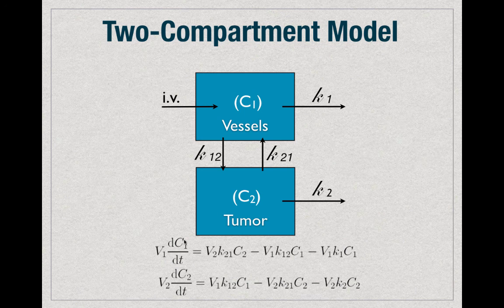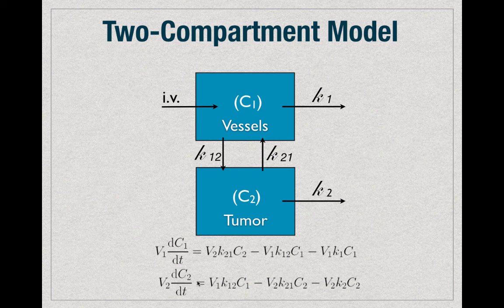So this is the concentration of compartment 1 over time. Again, there's K21, what's coming from the tumor going back into C1, minus what's leaving that compartment, which is denoted here by K12, minus what's being eliminated through this elimination equation. And in a similar fashion, we can model the second compartment.